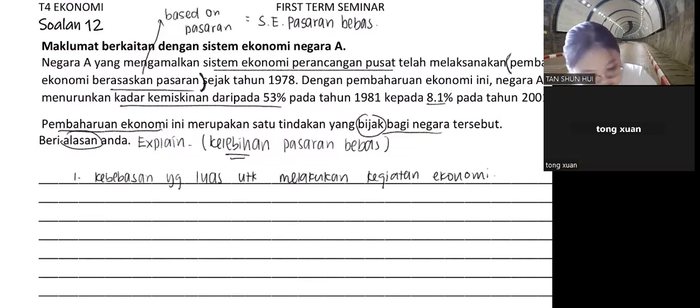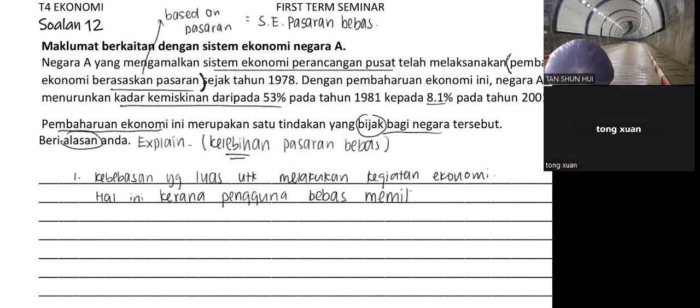You can say how ini karena is because pengguna bebas memilih, okay, free to choose, dan pengeluar bebas mengeluarkan barang.